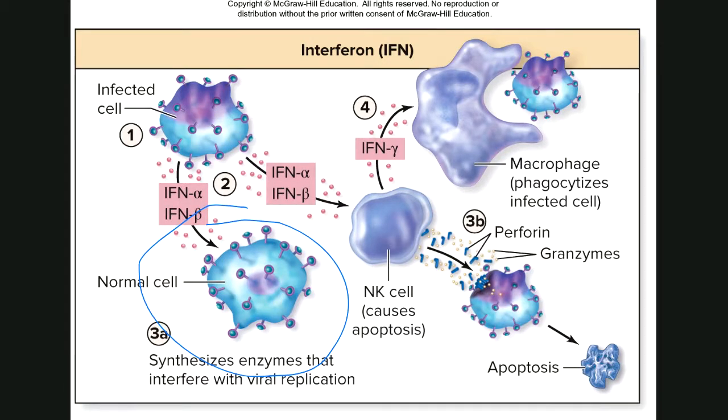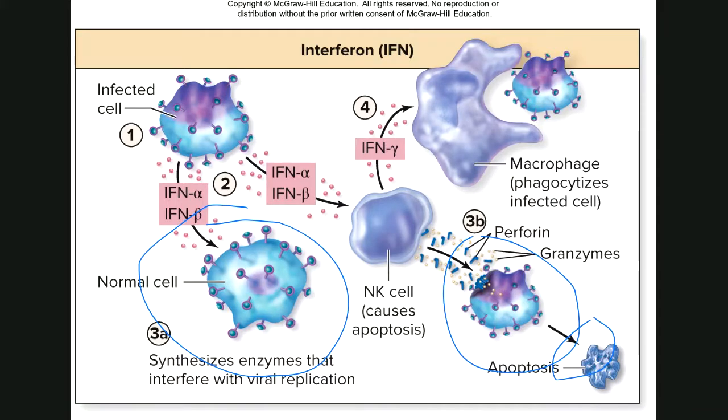So it sends a message to the immune system cells: I'm infected, I need to be destroyed, come and hurry and destroy me, okay? So if the natural killer cell kills this cell, then after apoptosis, the macrophage would eat it. Or it could just go into the macrophage. So it could go either route there.